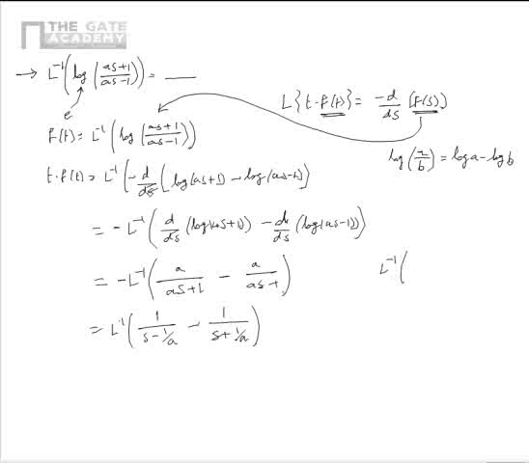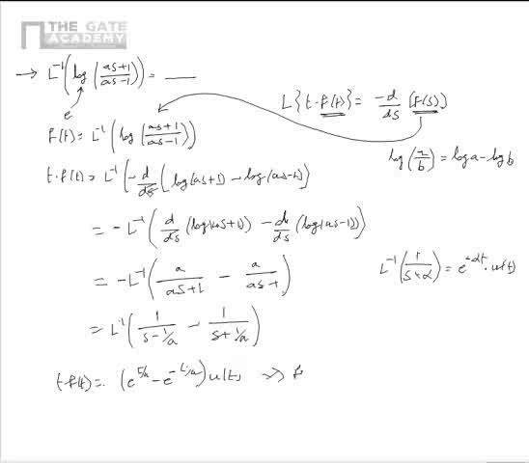We also know that L inverse of 1/(s+alpha) is equal to e to the power minus alpha t u(t). From this we can write that t times f(t) is equal to e to the power t minus e to the power minus t, times u(t).